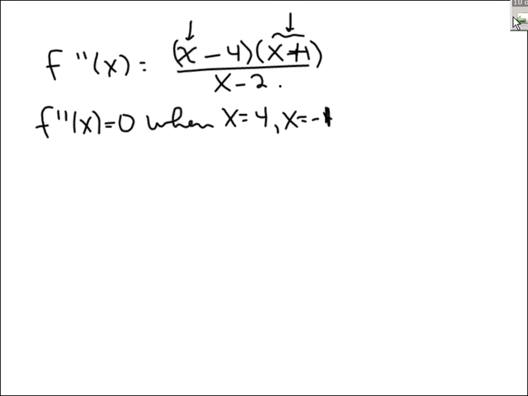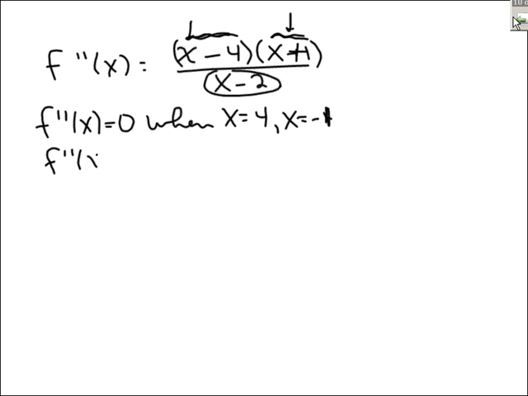If x is negative 1, this here will be negative 5. This will be 0. Negative 5 times 0 is 0. Okay. And notice it didn't make the bottom 0. 0 over not 0 is 0.